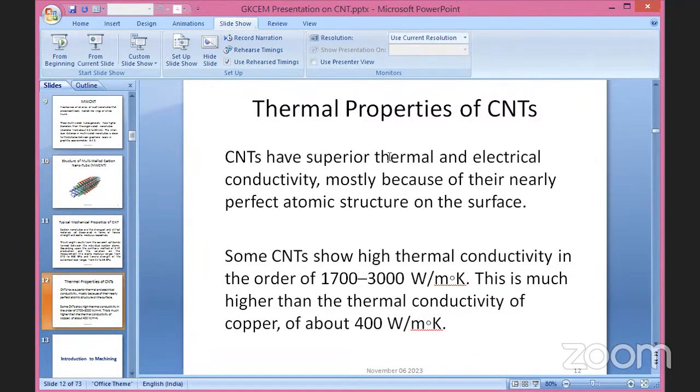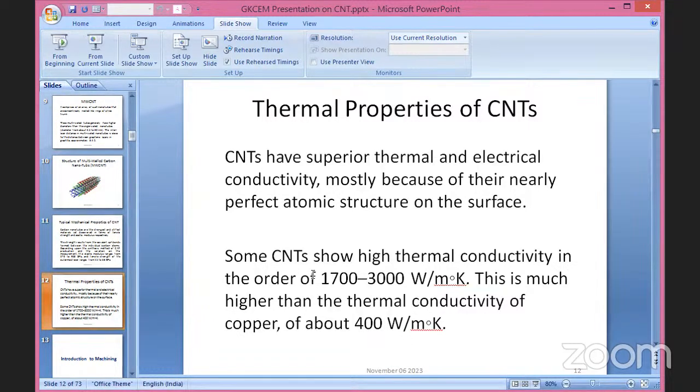Because alumina has an insulating property, it is a very, very bad conductor of thermal as well as electrical systems. Some CNTs show high thermal conductivity in the order of 1700 to 3000 watt per meter Kelvin, which is much higher than the thermal conductivity of copper, about 400 watt per meter Kelvin.